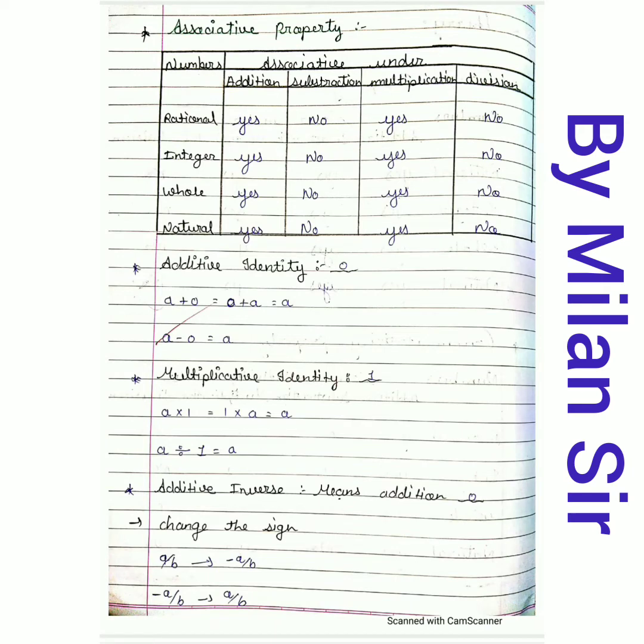Then associative property. Now what is associative property? It is a similar thing to commutative property, but in commutative property we have two numbers, while in associative property we have three numbers, and again we need to change the order.